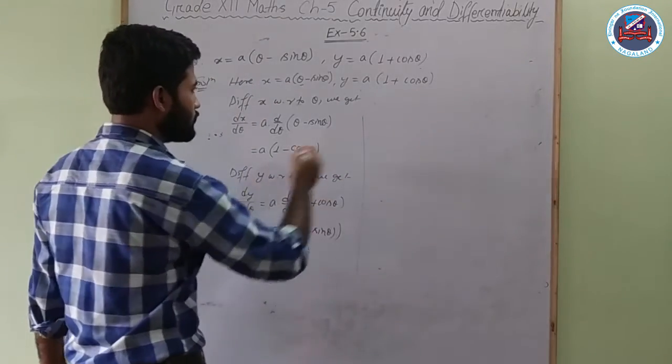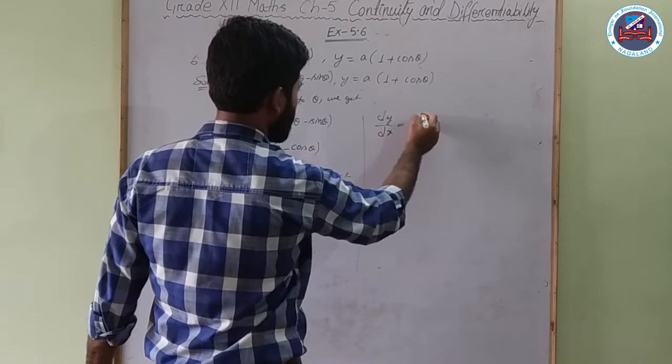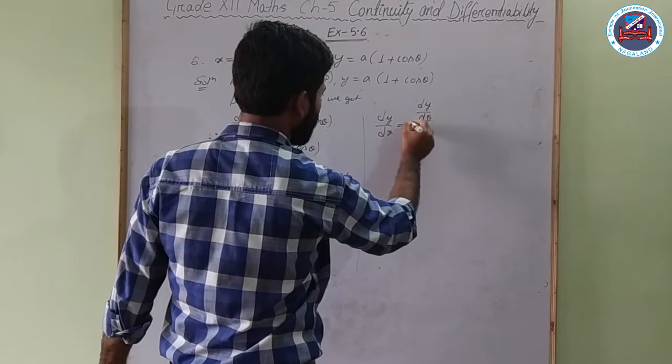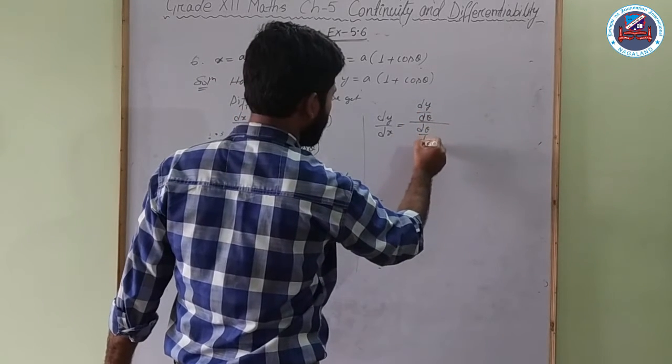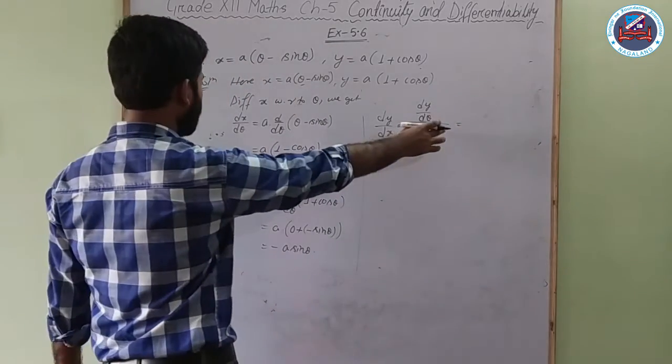Now by the chain rule, what we need to find? We need to find dy by dx, isn't it? So dy by dx means I can write dy by d theta divided by dx by d theta. What is our dy by d theta?